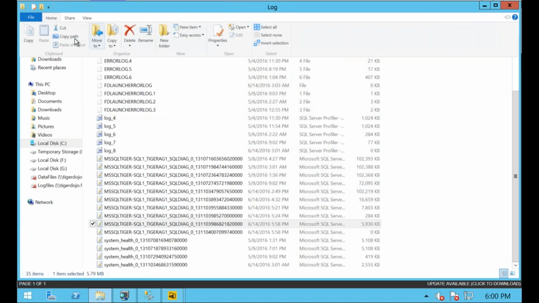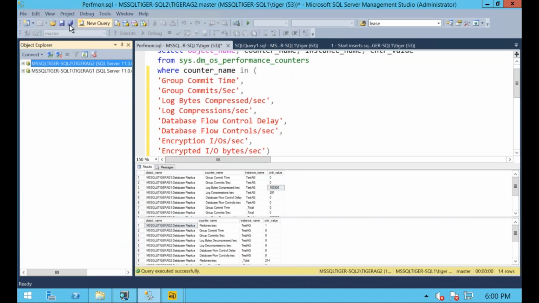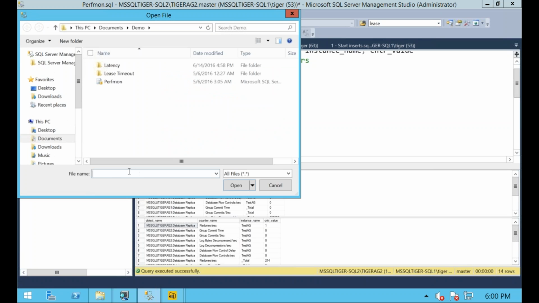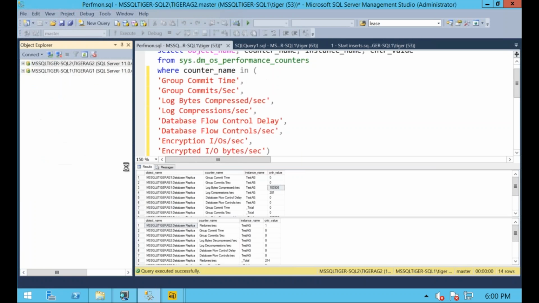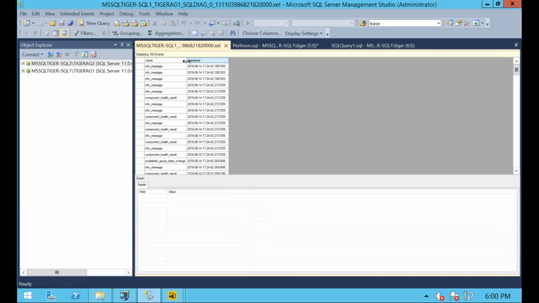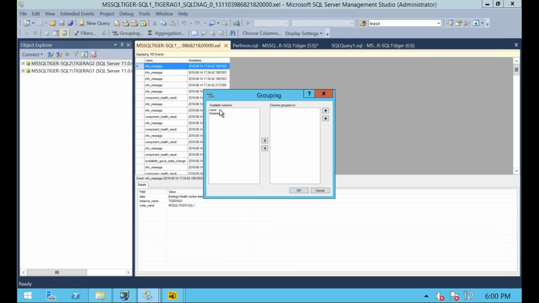There are SQL Diag sessions which you can open up in Management Studio. So when you open up these extended event sessions, you will see that you get a lot of good information. Let me do a grouping and show you what you can find.